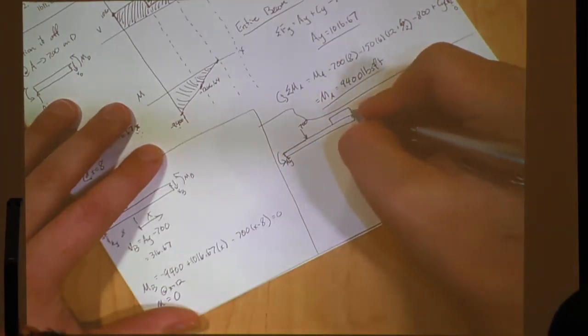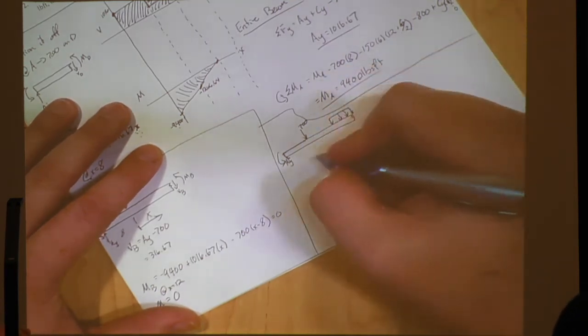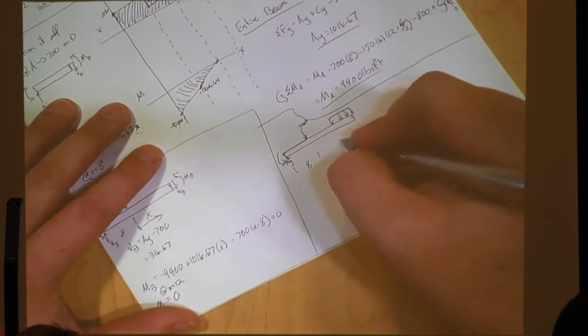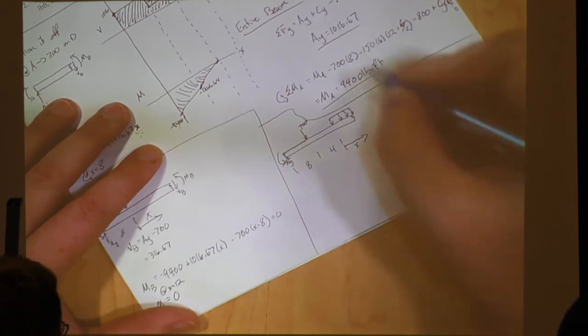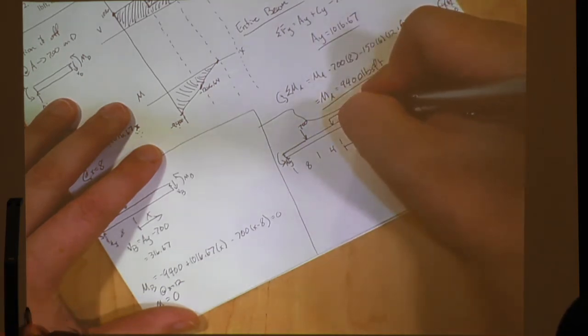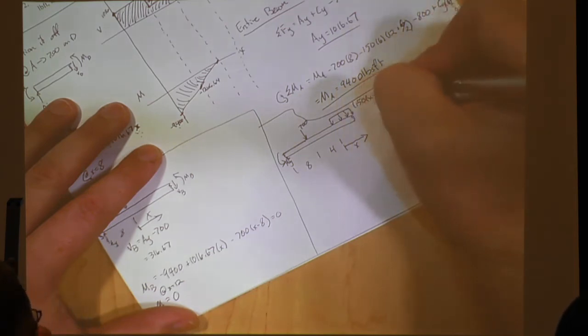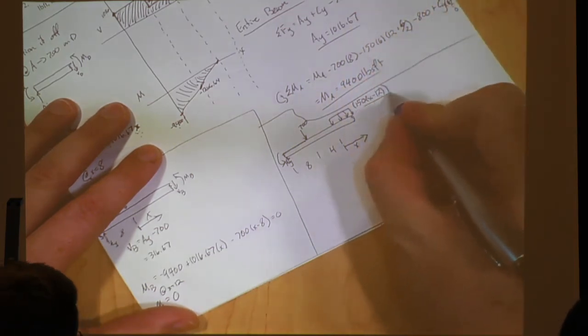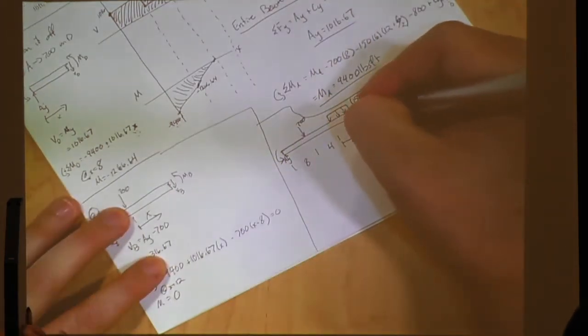And our distributed load, we're going to have our distances, 8, 4, and then this section is going to be x, right? But since this section is x, we're going to treat this distributed load with variables, x minus 12. All right, so this distributed load equation is now going to be this. Anybody have any issues with that? And don't forget, we still have shear and our moment on the outside.